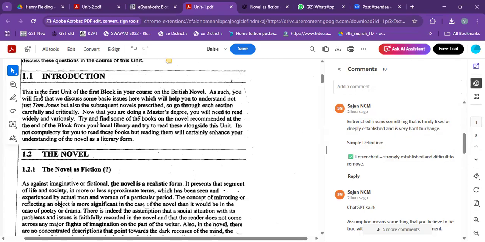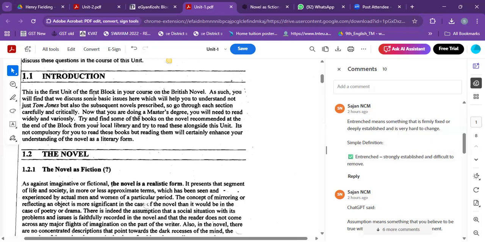So what you need to do is spend more time on these units, and we are going to discuss them in detail, including this preliminary unit, so that we will have a better understanding of all the blocks that we are going to study in the future. This is the first unit, and as such we discuss some basic issues here.